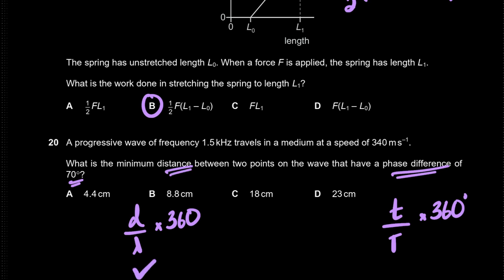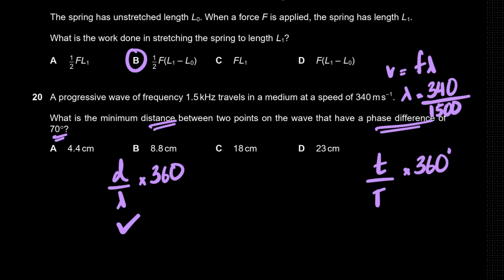And first I need to calculate the wavelength using this equation. Right, so lambda would be v over f. So lambda is going to be 340 over f, which is 1500. So first we must calculate lambda. This turns out to be 0.227.